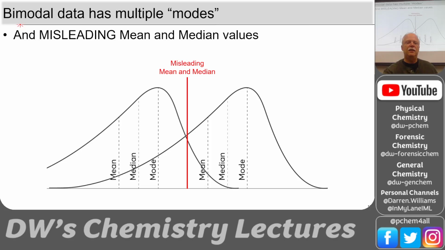So here is an example of a misleading mean and median. If you have the data here, this mean and median may come out right here, and without looking at the data, the histogram or its distribution, you're going to assume incorrectly that this is a probable result.